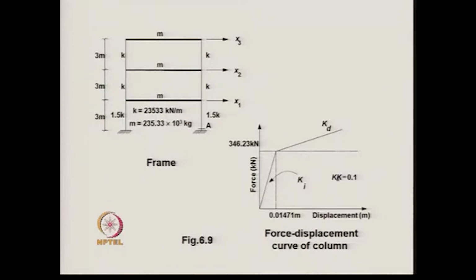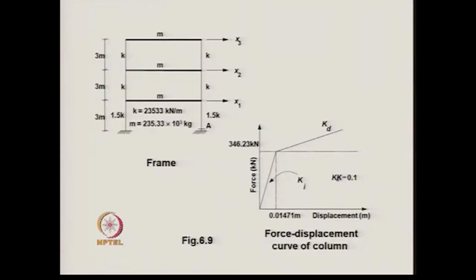In one case we assume the system to be perfectly elastoplastic, that is, at the bending moment of 346.23 kilonewton we assume that the yielding takes place, and after the yielding the column continues to displace under the same bending moment.